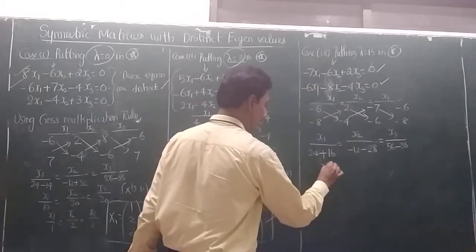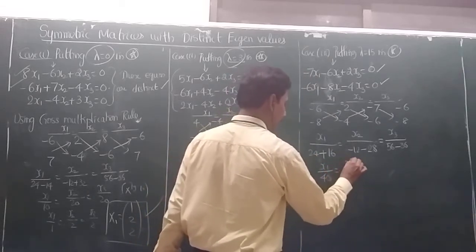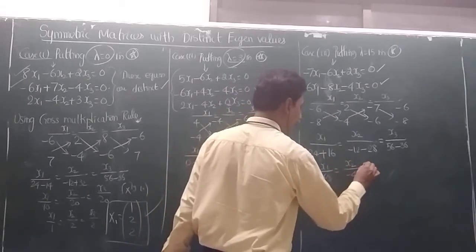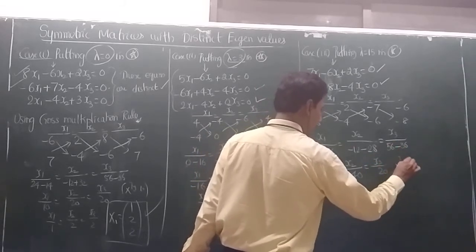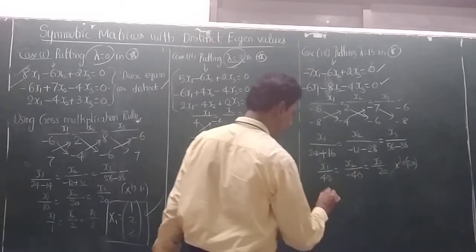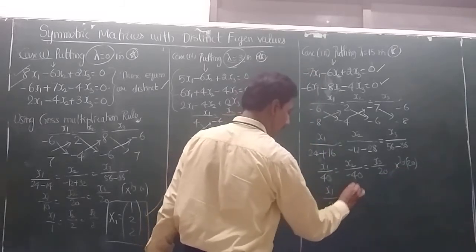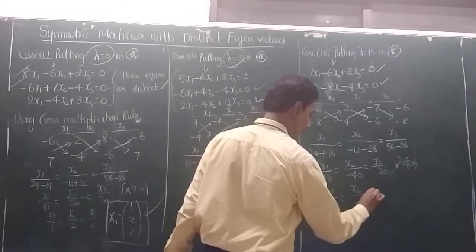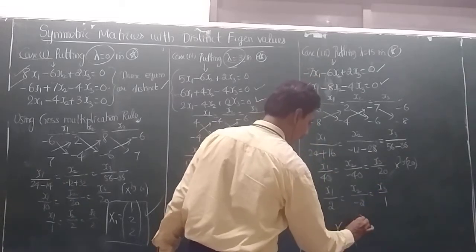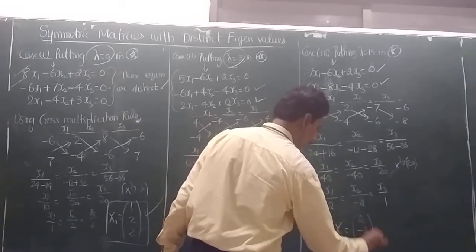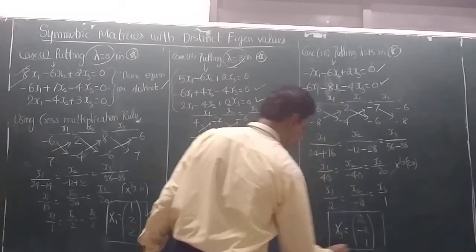So x1 by 40, x2 by minus 40, x3 by 20. It's a multiple of 20, so dividing by 20 we get x1 by 2, x2 by minus 2 and x3 by 1. This is my third eigenvector corresponding to the eigenvalue lambda equal to 15.